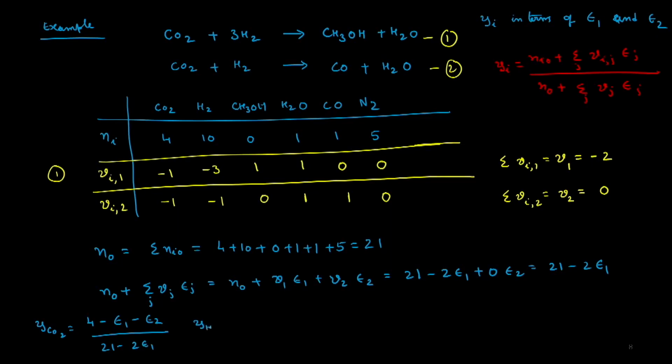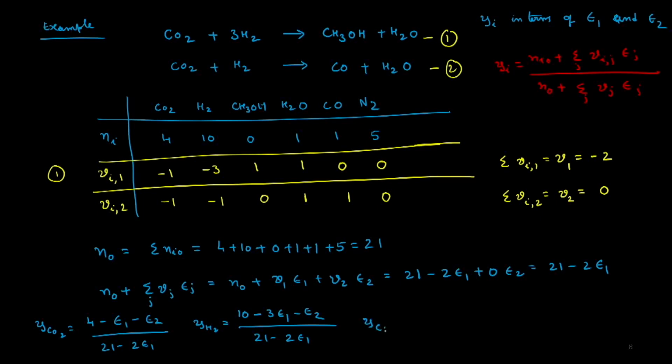Similarly for hydrogen, it's going to be 10, the initial number of moles, minus nu for hydrogen in the first reaction, which is 3 times epsilon 1, and in the second reaction is -1 times epsilon 2, over the common denominator, which is 21 minus 2 epsilon 1.